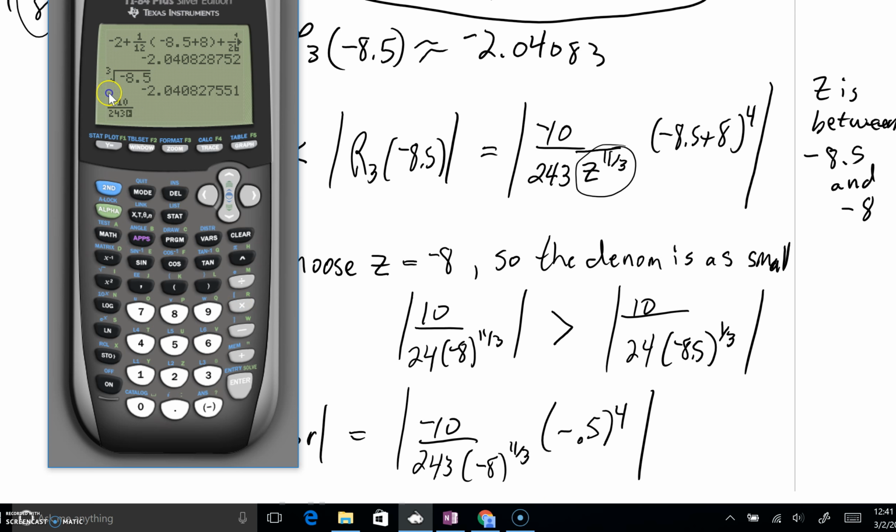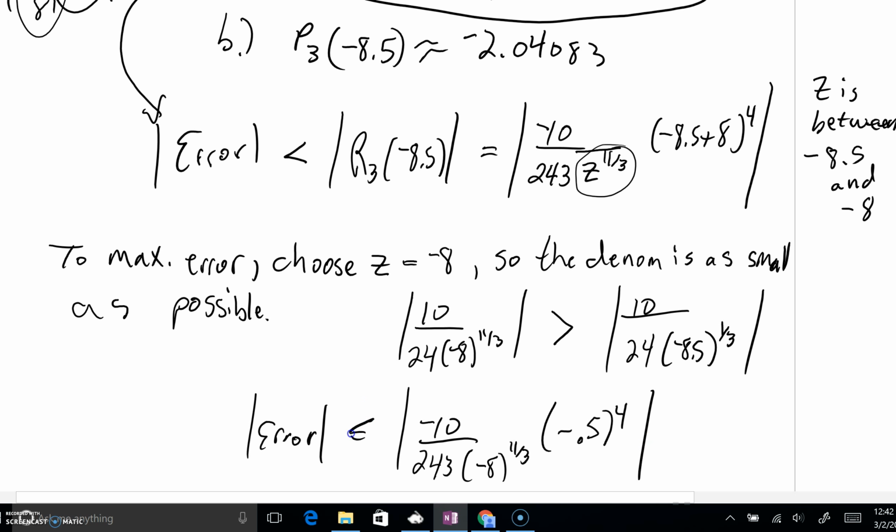Certainly we could. Look, if we put in a negative 8 and then raise that up to the 11/3, then I'm going to come over here and multiply that by negative 0.5 up to the 4th power. If you were to work this thing out, you get something very, very small. You get 1.255 times 10 to the negative 6. So your error is less than 1.255 times 10 to the negative 6.